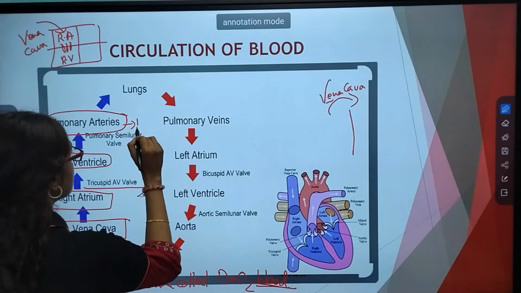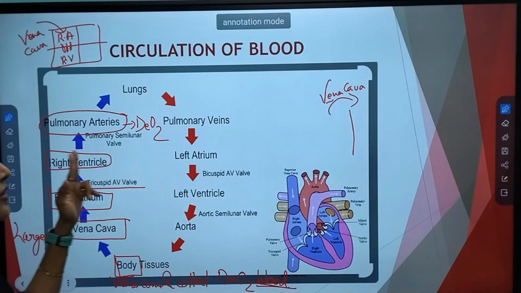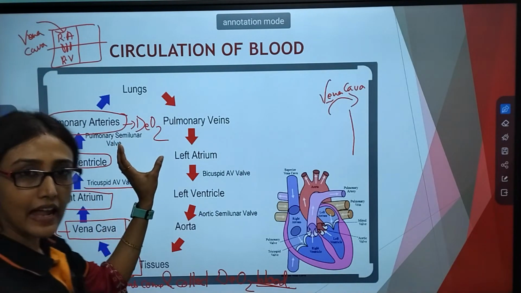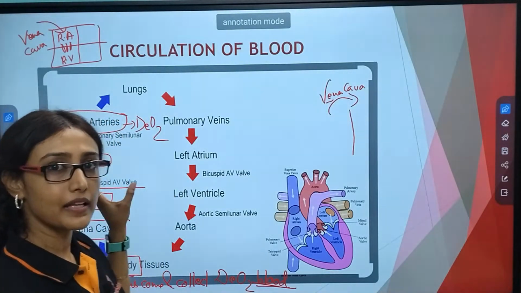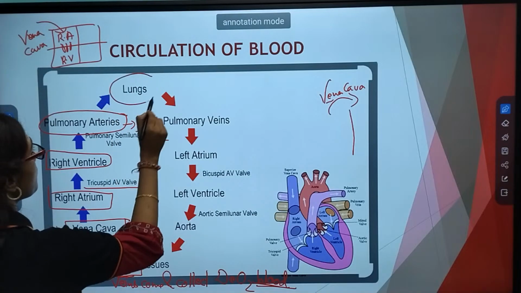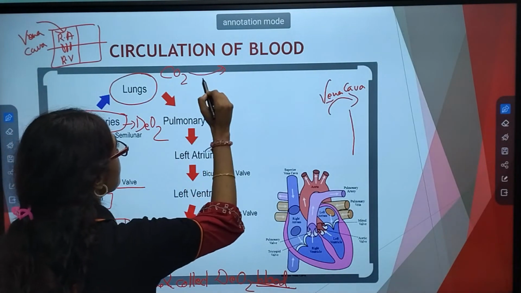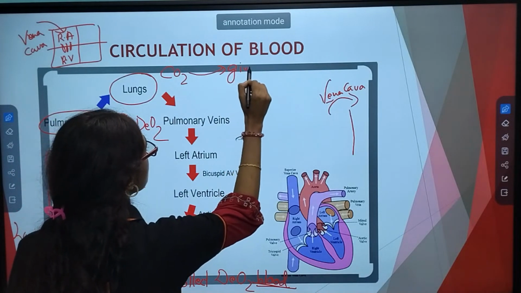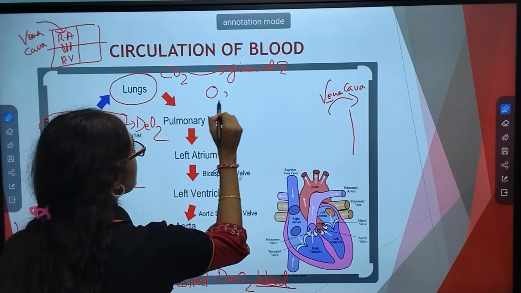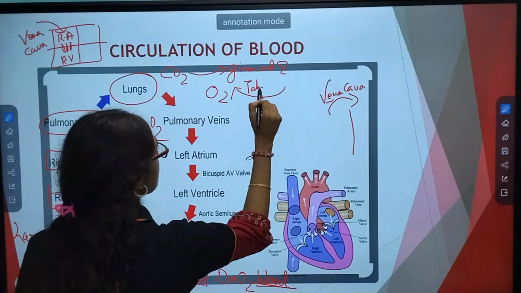What is its function? To carry deoxygenated blood. Now you see, the pulmonary arteries carry deoxygenated blood sent by the veins to the heart, to the lungs, where CO2 is given out and O2 is taken in.